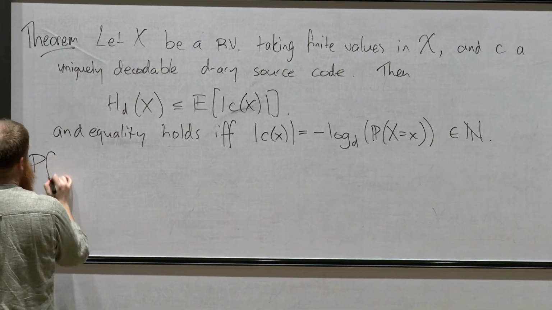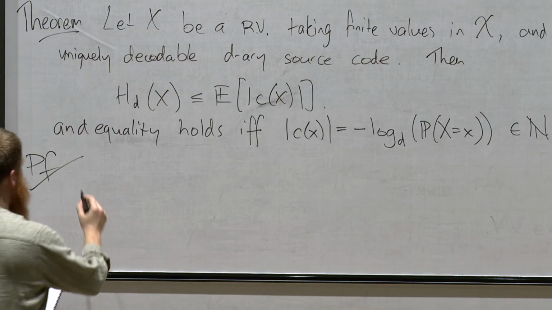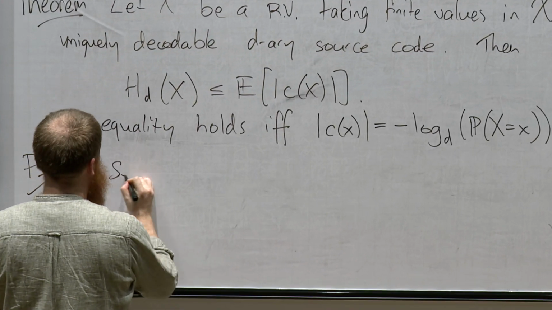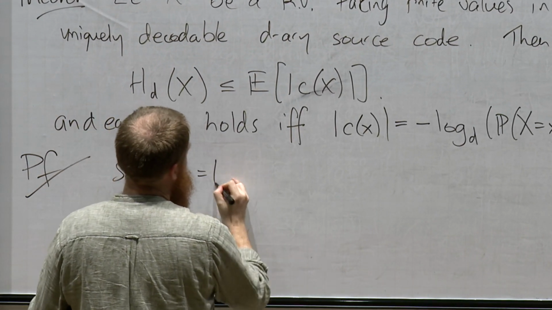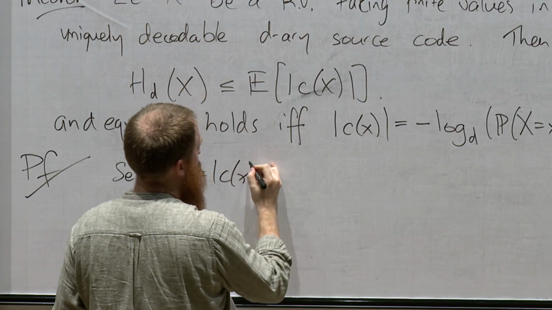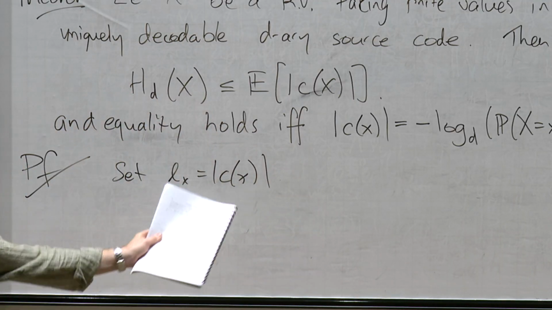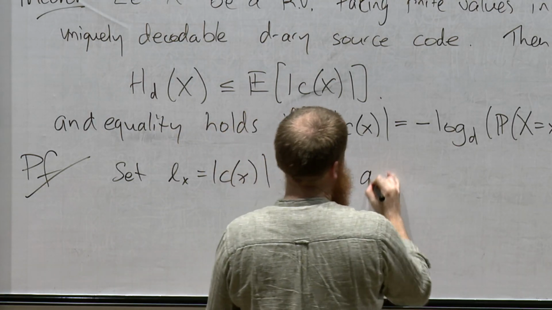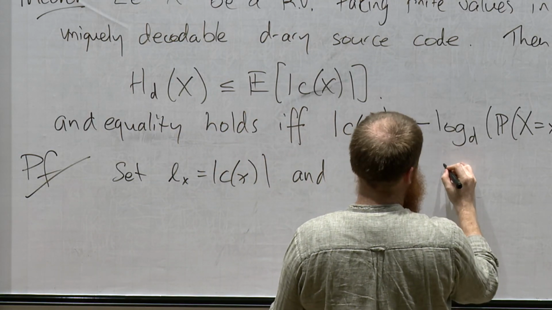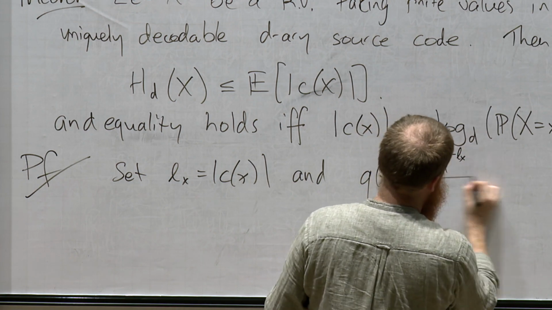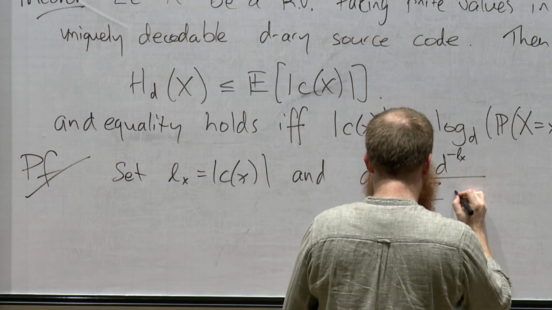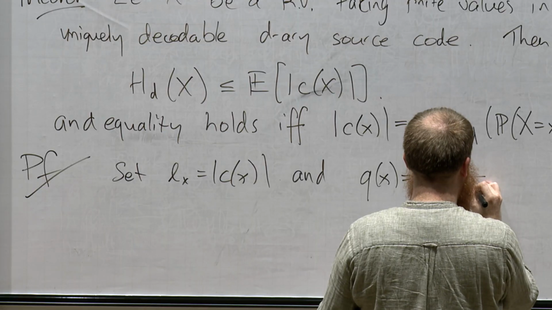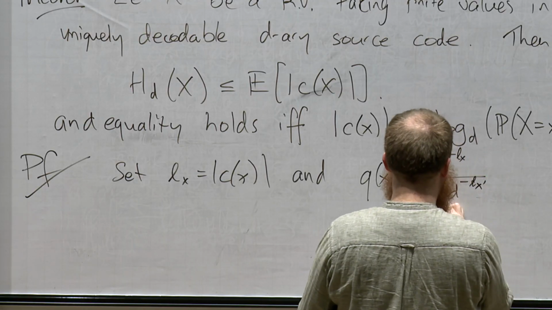Okay, proof. So let's do it. Set L(x) to be the length of the code word associated with x, and q(x) to be D to the minus L(x) divided by the sum of D to the minus L(x'), summed over x'.